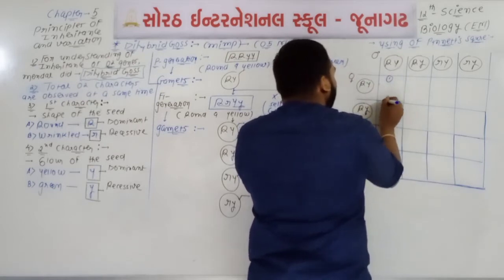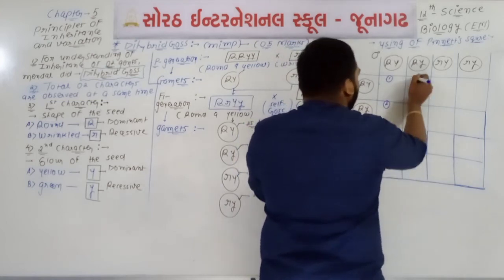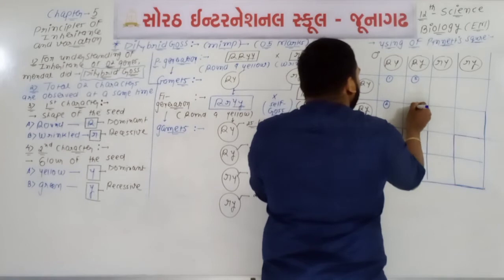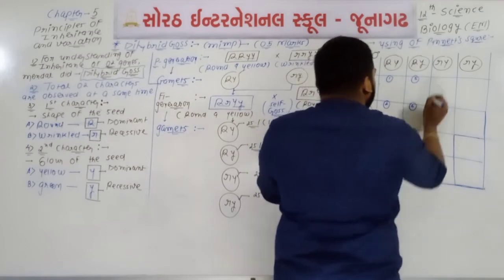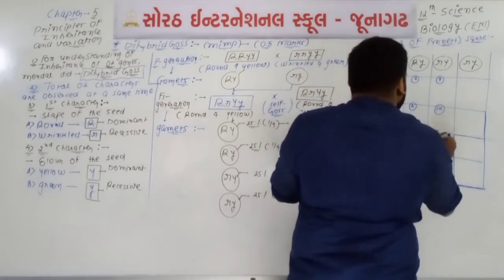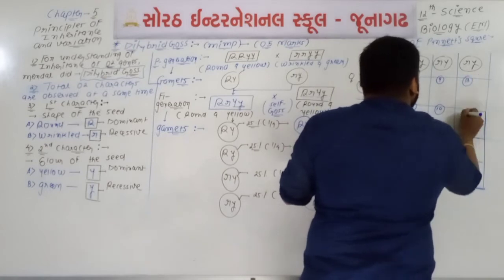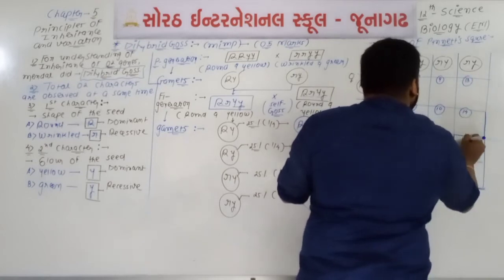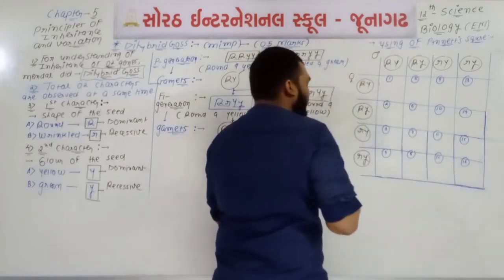Number 1, 2, 3, 4, 5, 6, 7, 8, 9, 10, 11, 12, 13, 14, 15, 16. Okay, so see here.